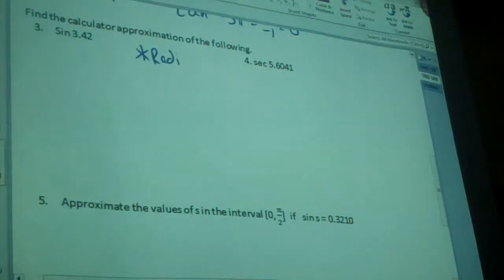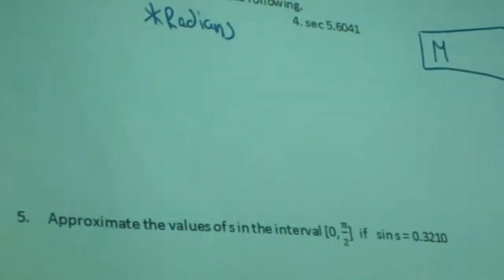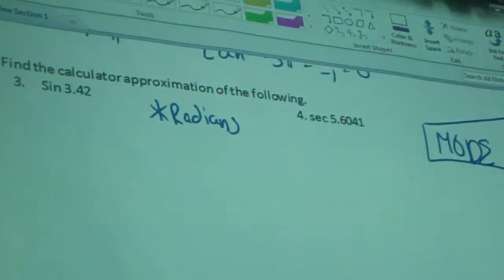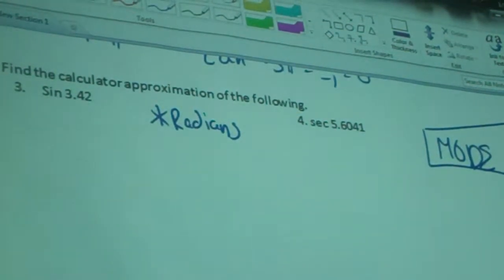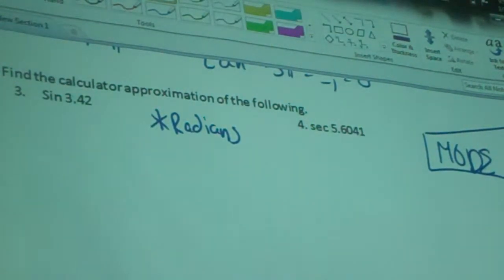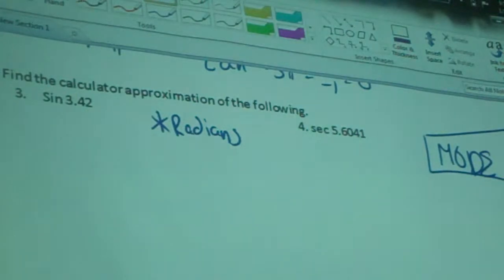This is in radians. Your calculator has two different modes. It has radians and it has degrees. So you need to go to your calculator, pick mode, and you see the option for radians and degrees? Make sure it's selected in radians because that's what we're working on. Okay, so you guys are in radians?